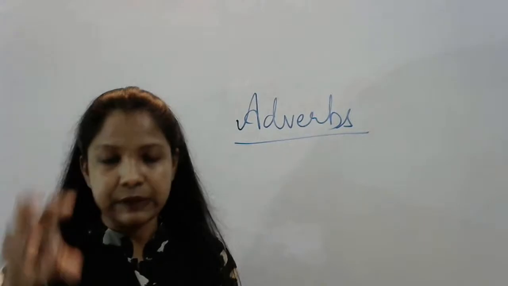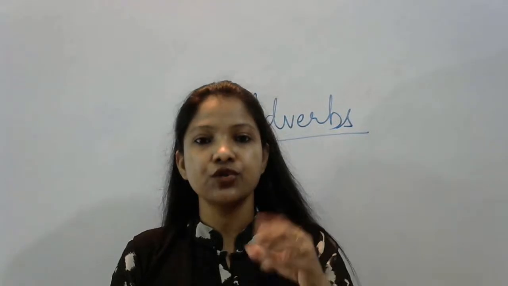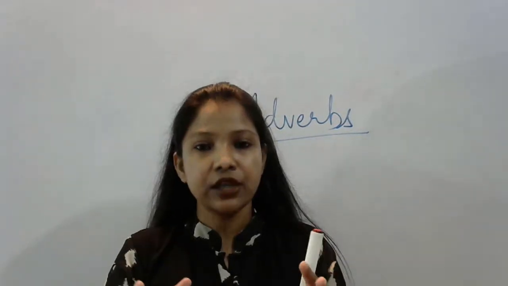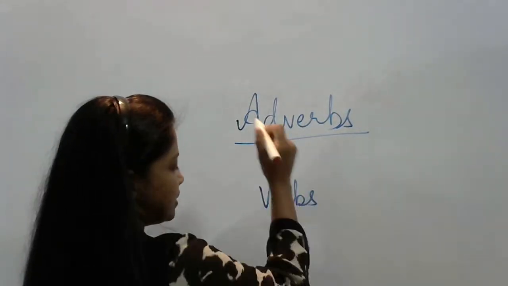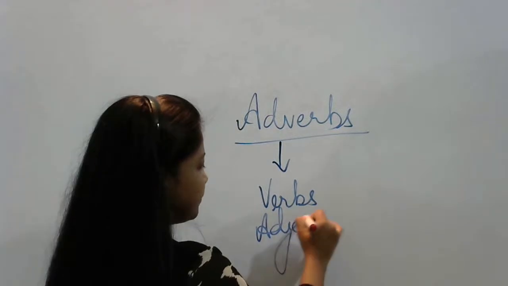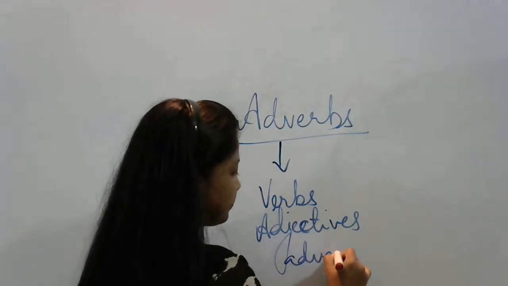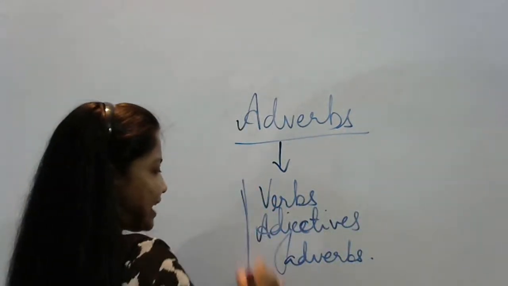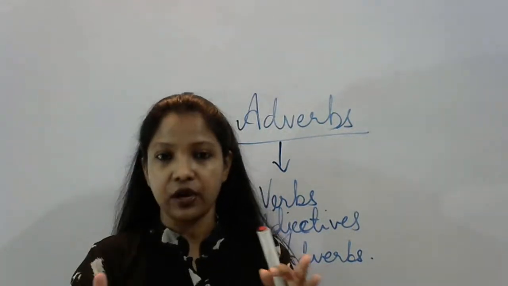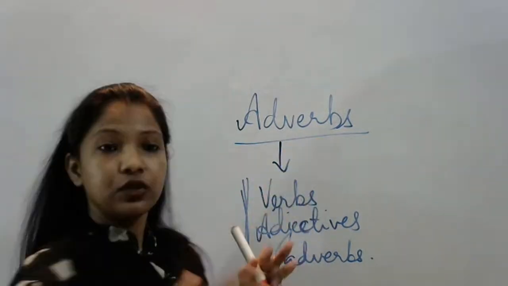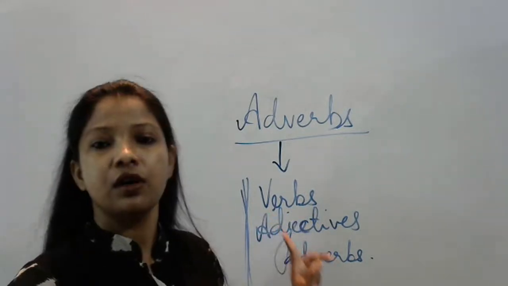Now let me make it very simple. Adverbs are those words which are used to describe. Adverbs वो words हैं जो describe करते हैं. किसे describe करते हैं? They describe verbs, adjectives, and adverbs. Why am I giving you this introduction? Some of you might not be aware of it. So, adverbs are those words which are used to describe verbs, adjectives or adverbs.